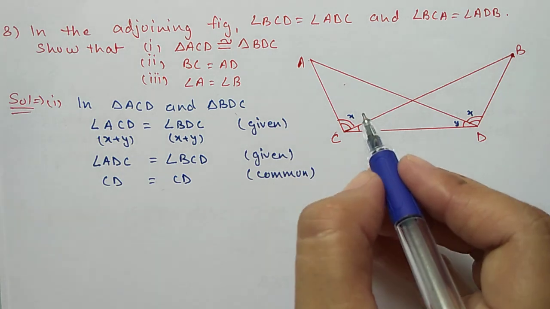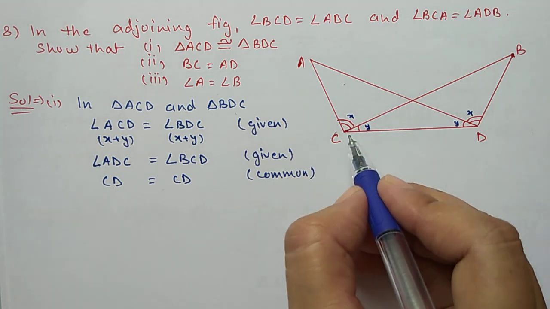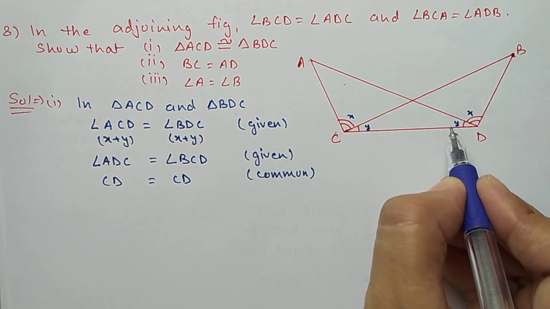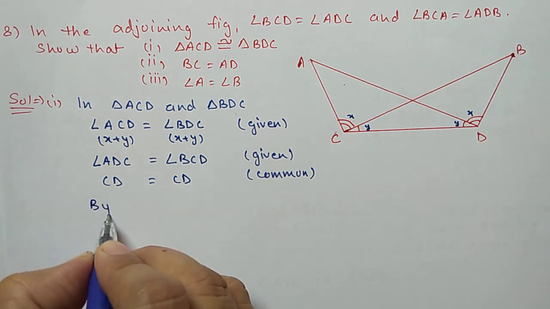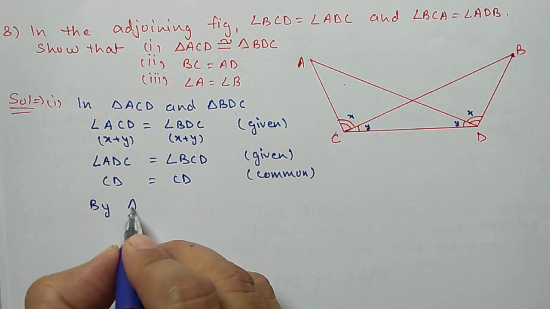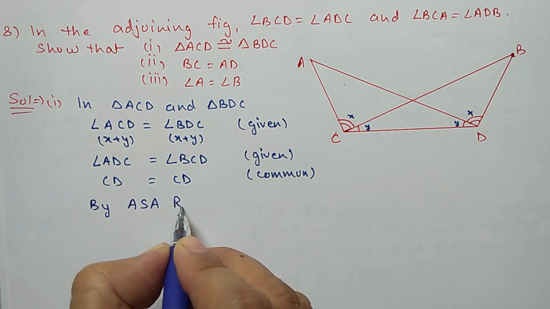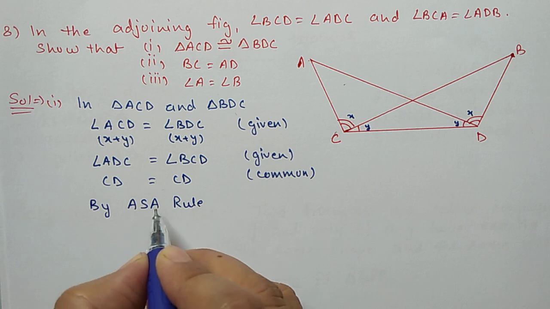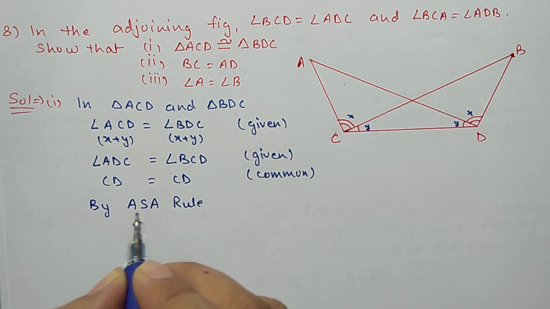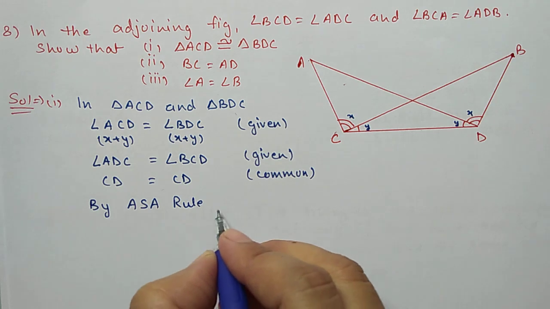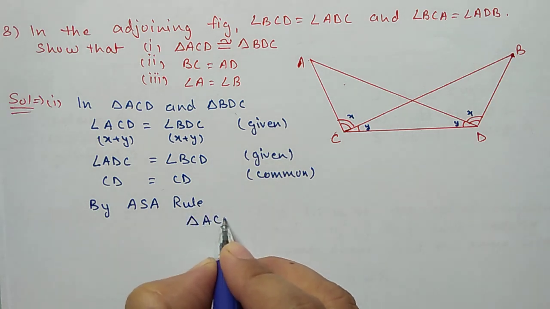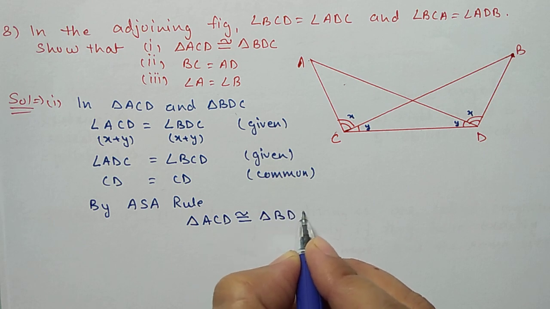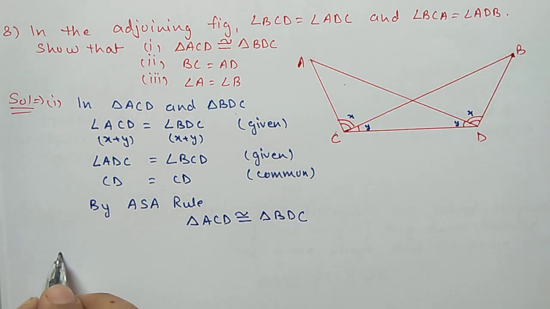So we have compared first this big angle, then we have taken this side, the included side, and this third angle. So by the angle-side-angle rule, because here the side is the included side, we will write angle, side, angle. Side we will write in between. By this rule, triangle ACD is congruent to triangle BDC. This is the first part.